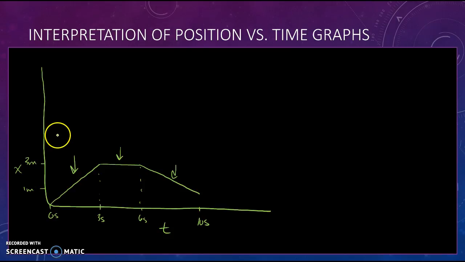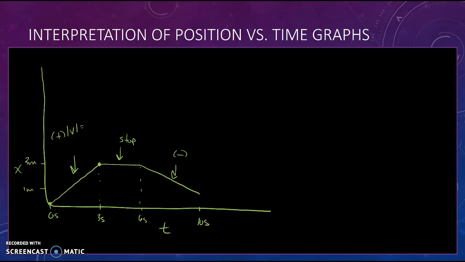Okay, so there's no change in position over this time, and so the object has just come to a stop. So we can say, okay, here it's moving in the positive direction. Over here, it's moving in the negative direction. Then here, it has just come to a stop. And if we want to calculate the velocities, then we look at the slopes. So we take this point right here and this point over here, and we do rise over run for slope. So essentially this velocity, the magnitude, I'm just talking about the magnitude.